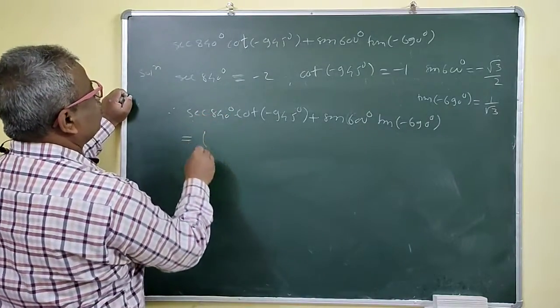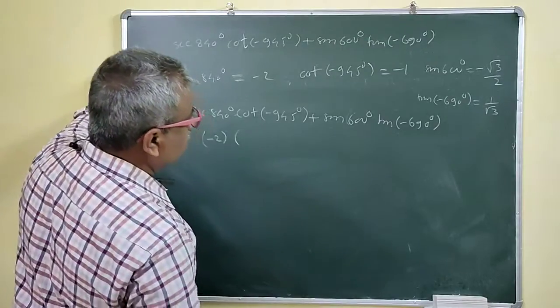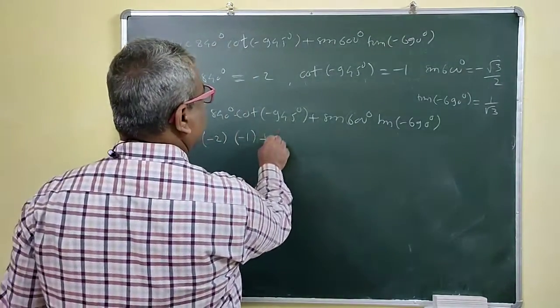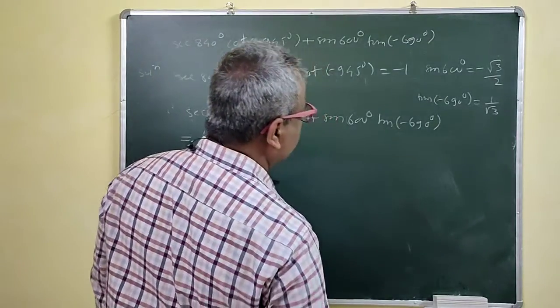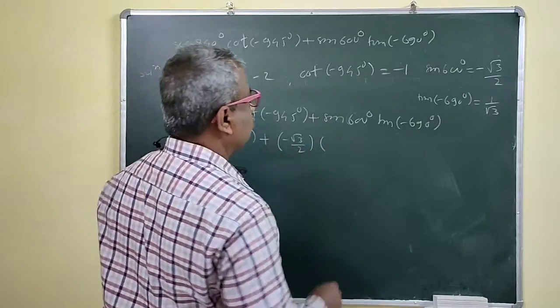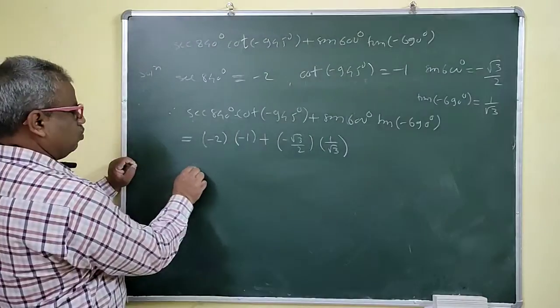So sec 840 degree is minus 2. Cot minus 945 is minus 1. Then here plus sin 600 degree is minus root 3 by 2 into 1 by root 3. So this will be 2.